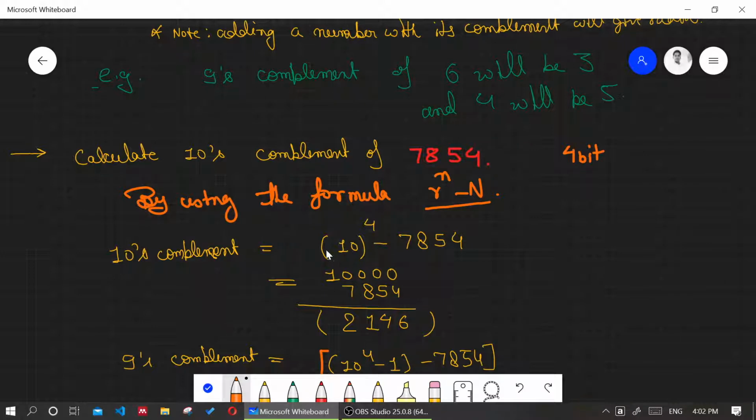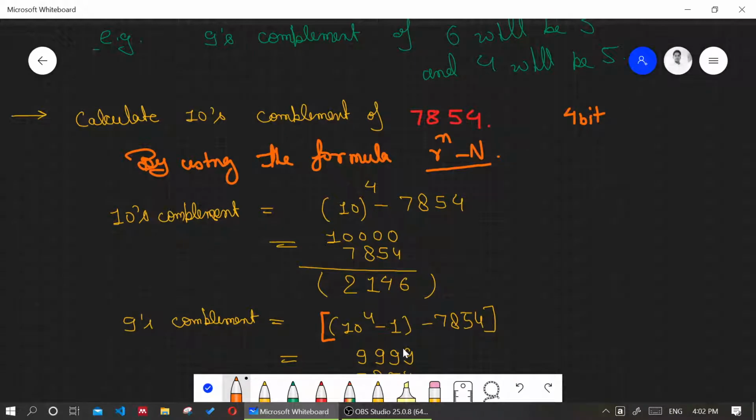When we raise 10 to the power 4, the number becomes 10000, and now we subtract the given number. So 10 minus 4 is 6, 9 minus 5 is 4, 9 minus 8 is 1, and 9 minus 7 is 2. So 2146 will be the tens complement of 7854.